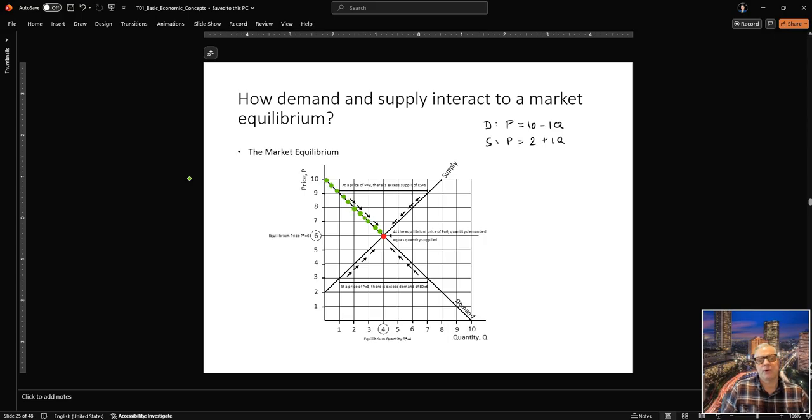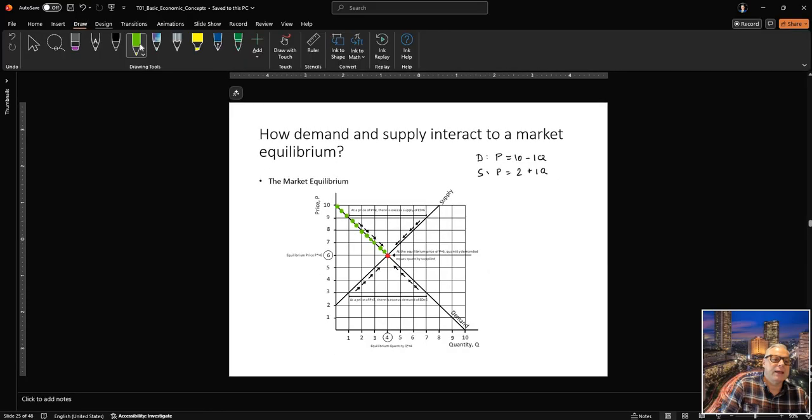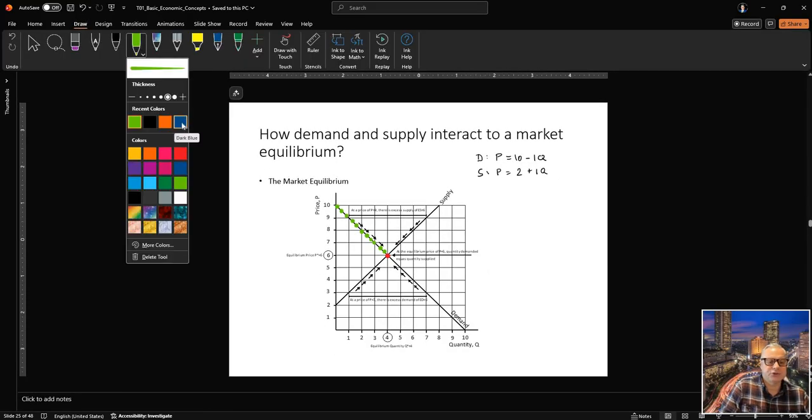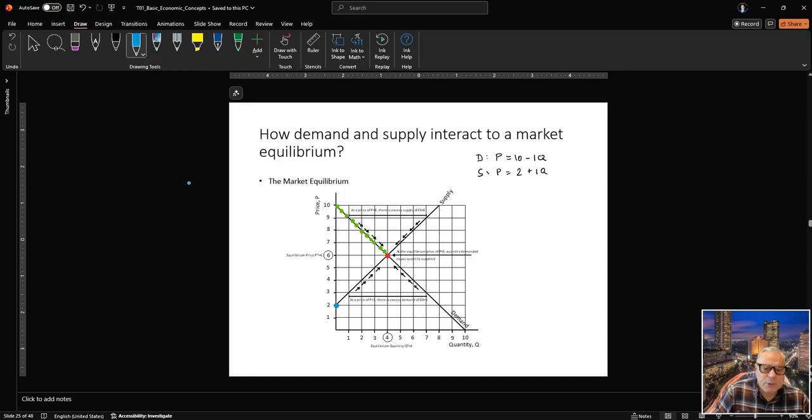And every point on the demand function is, think of it as one consumer. And we can also think of the supply function as a lineup of producers from lowest reservation price to the highest reservation price. So now you can see that to the left of the equilibrium quantity of 4, there are only people whose willingness to pay is greater than the producer's reservation price. So they can engage in mutually beneficial voluntary exchange.